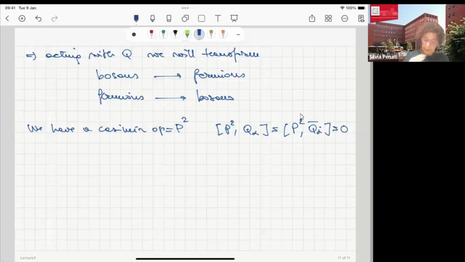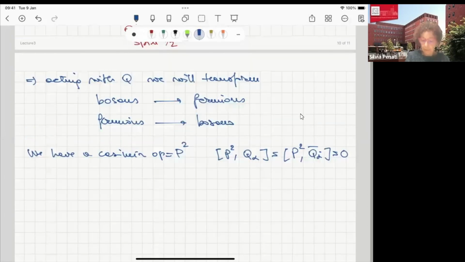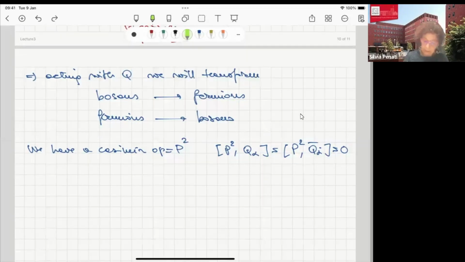Okay, therefore, what we can say is that the boson and the fermion related by the SUSY transformation will have the same mass. Remember that P square has eigenvalues that we recognize as the mass of the particles. Okay.